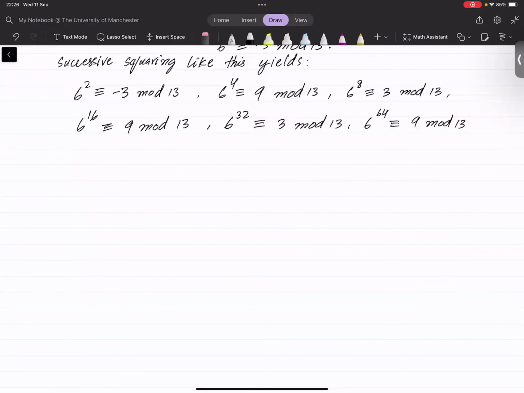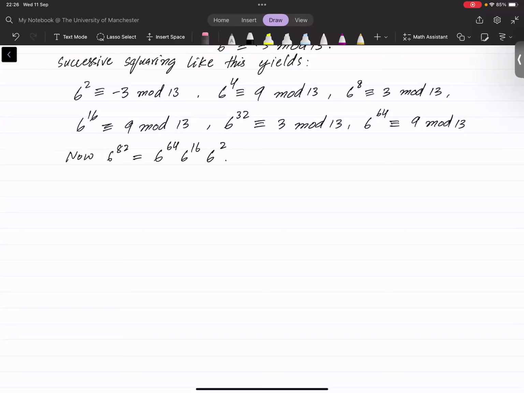And if you go further, now 6 power 82 is equal to 6 power 64, 6 power 16, and 6 square. If you just add these two exponents, okay?